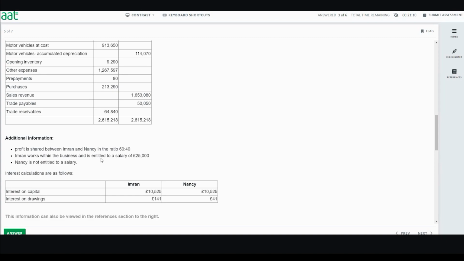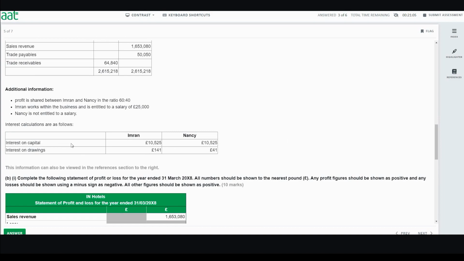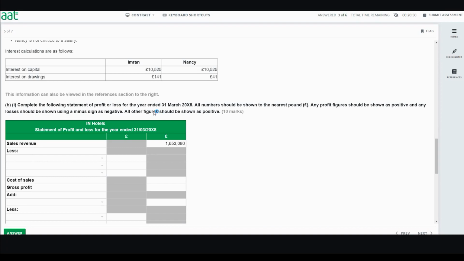Nancy is not entitled to a salary. So we've got interest on capitals, interest on drawings. It says complete the following statement of profit and loss for the year. All numbers should be shown to the nearest pound. Any profit figures should be shown as a positive, any losses as a negative. All other figures should be shown as positive.